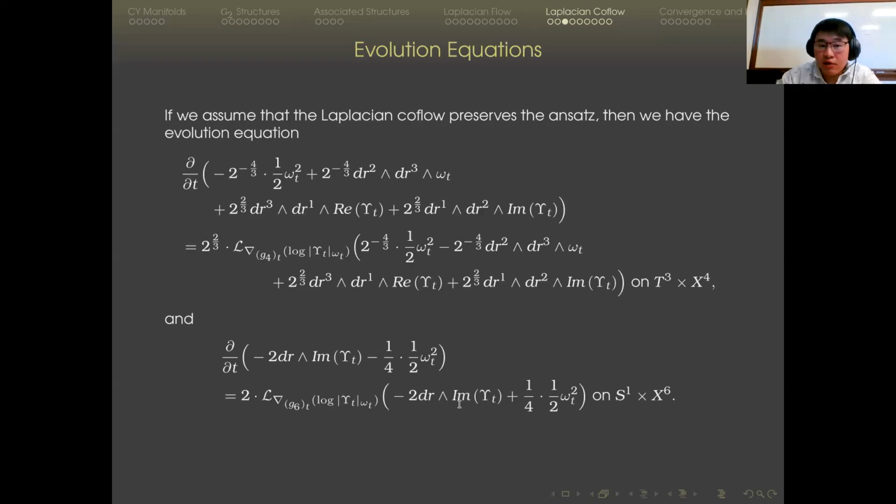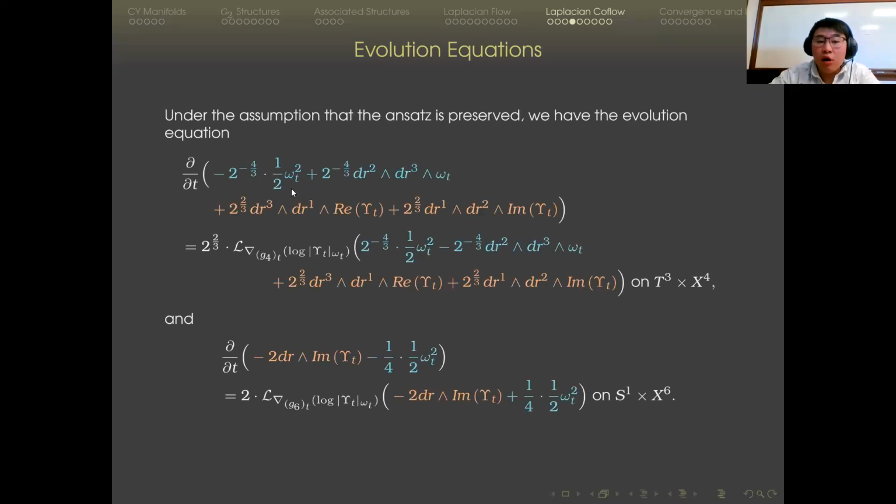And then we can plug everything into the evolution equations, same idea. The angle coordinates don't matter effectively. We can just match the terms involving omegas and upsilons. Here, the terms involving omegas switch signs, and the terms involving upsilons don't switch signs.